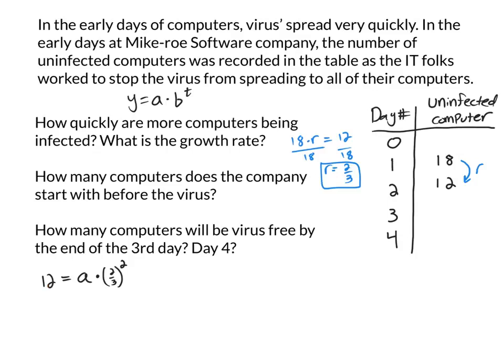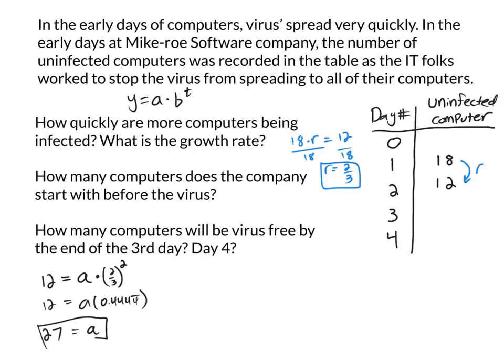12 equals A times 0.4444 repeating. To solve for A, we divide by that number, and I think that you know how to do that. A equals 12 divided by 0.444444, which is 27.